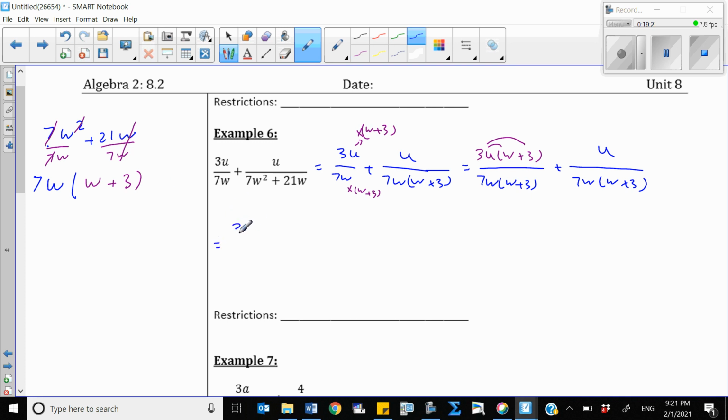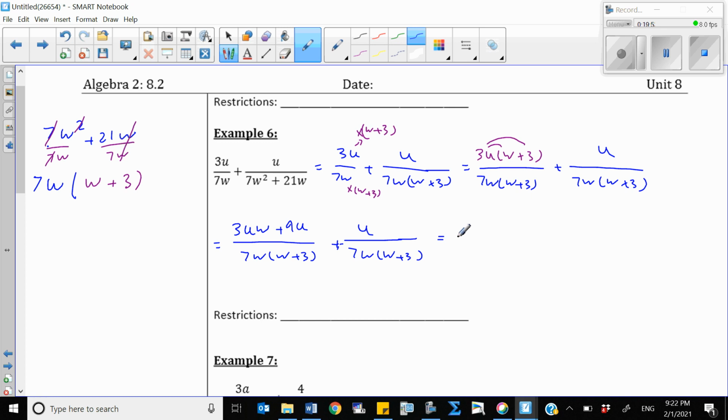It's going to be 3uw plus 3u times 3 is 9u. This is our numerator. And the second one is u over our common denominator.